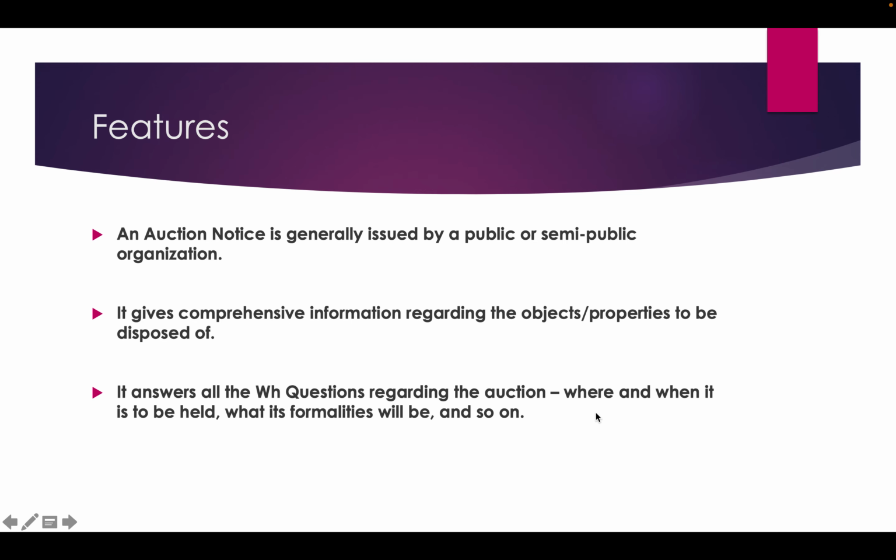Where, that is, where the auction will be held, and when it is to be held. The when includes the time as well as the venue, the complete address of the venue where it is to be disposed of, what its formalities will be, and so on. So, these are the basic things we need to remember when we begin writing an auction notice.